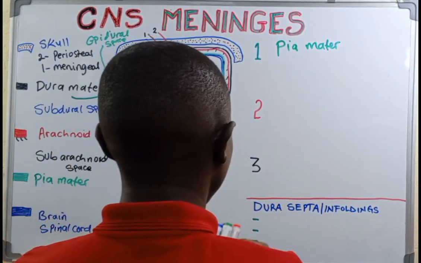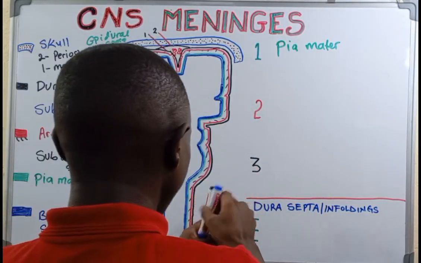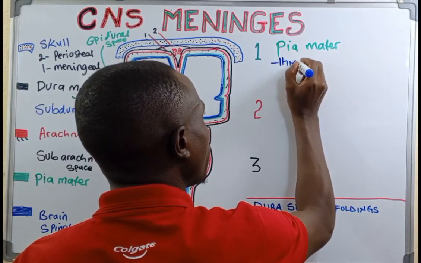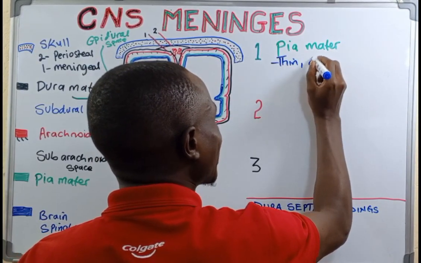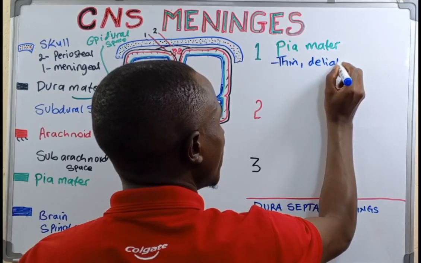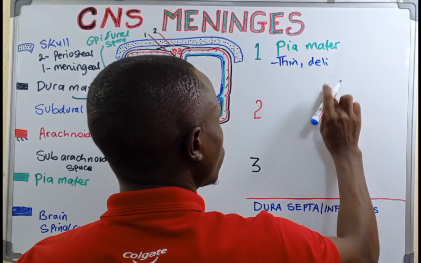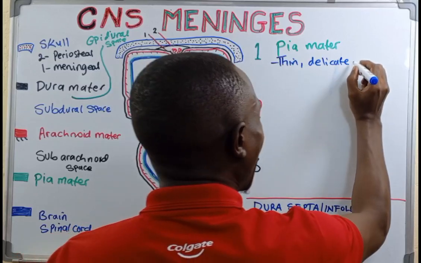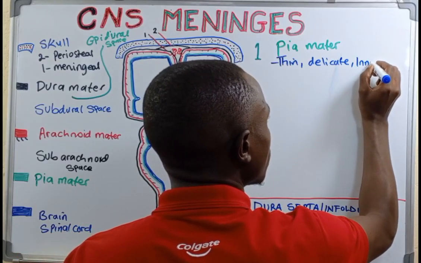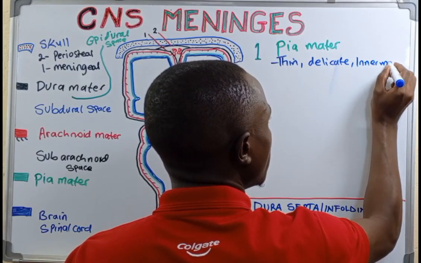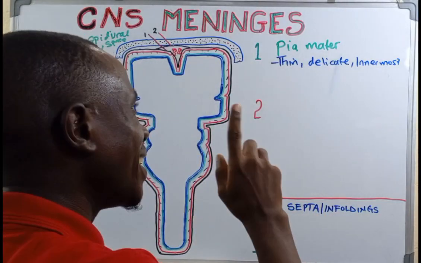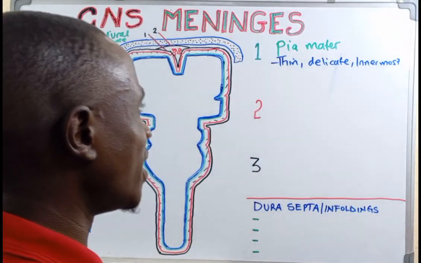Okay, it is going to be thin, delicate, and innermost. So this pia matter is a very thin, delicate, innermost meningeal layer.